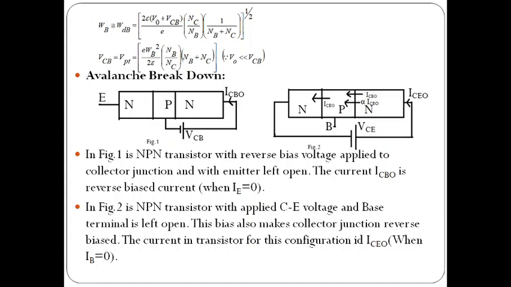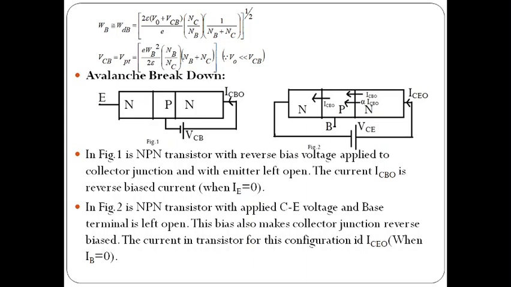So the current is a minority charge carrier current. It is the reverse bias current. When IE equals 0, we name this one ICBO. ICBO is the reverse saturation current from collector to base when the emitter is open. In figure 2, it is also an NPN transistor with collector to emitter voltage applied and the base terminal left open.